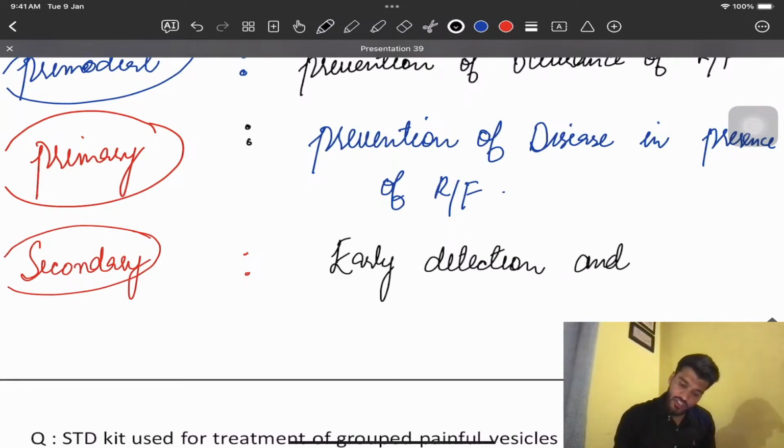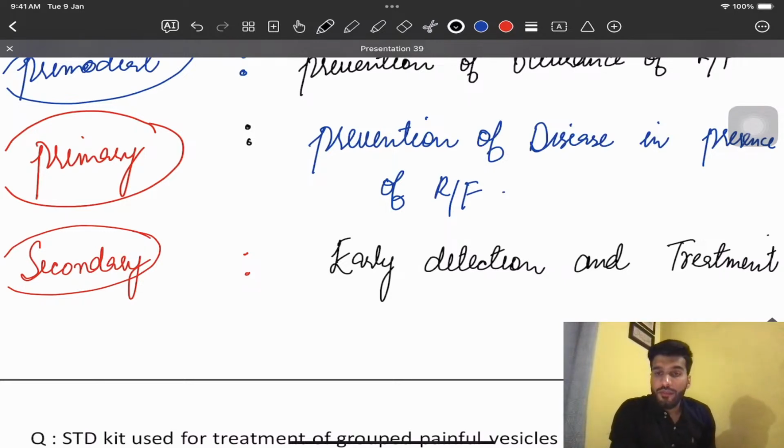Early detection and treatment, that is secondary prevention. Now the disease is present, and you try to diagnose it as soon as possible. Such type of prevention will be termed secondary prevention, and the treatment given is also for a particular disease. Which level of prevention? Secondary prevention.